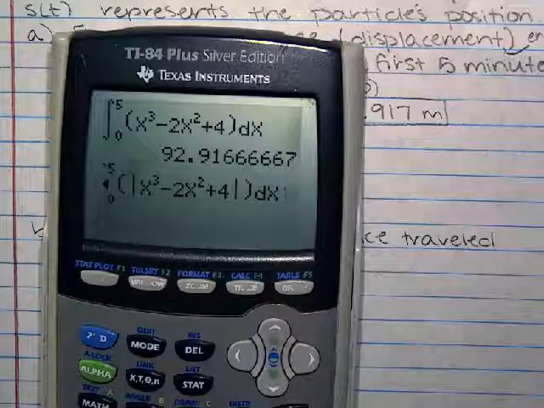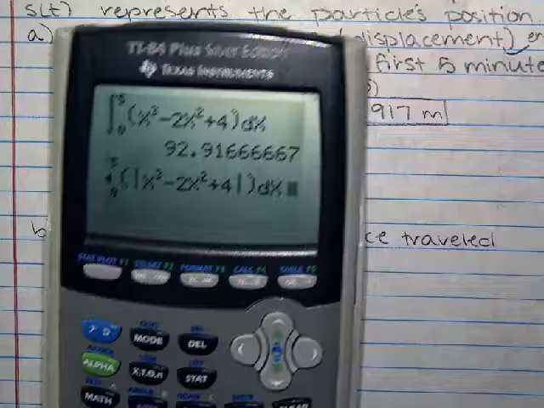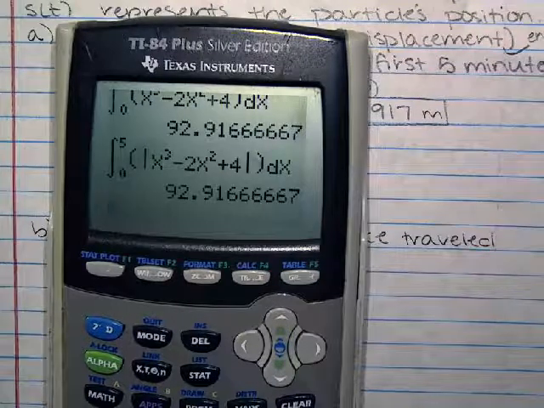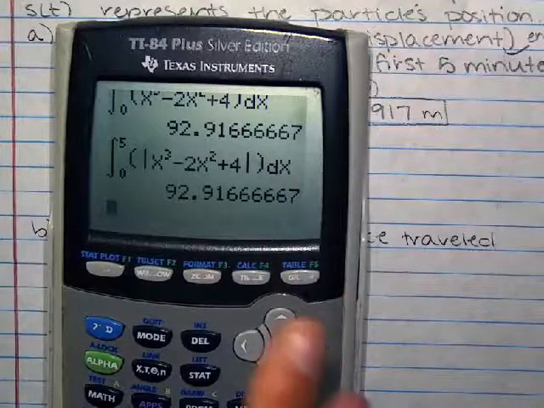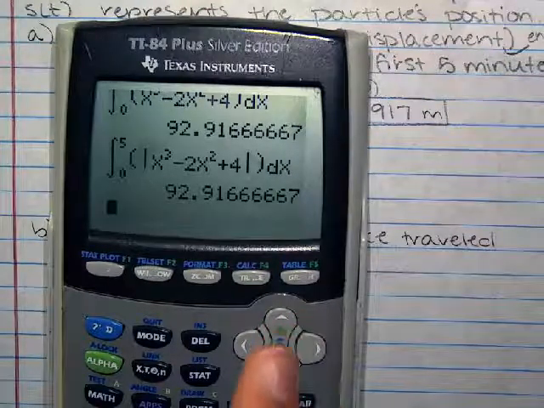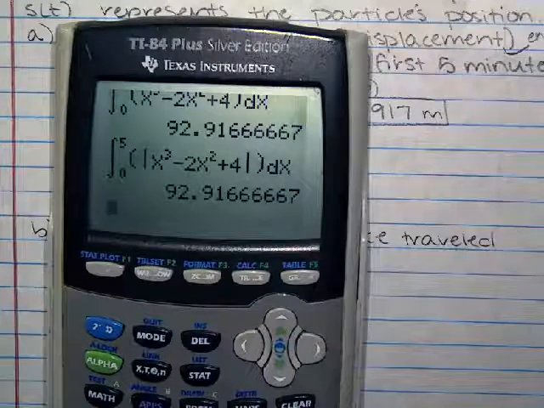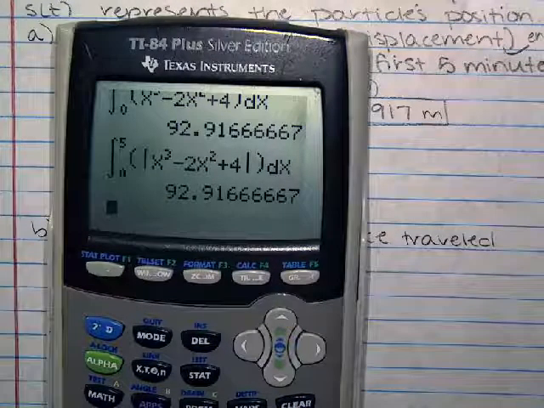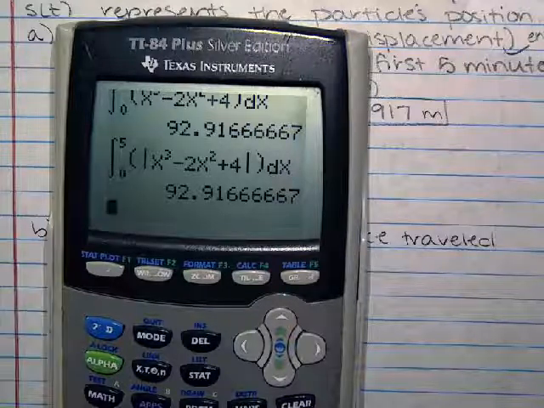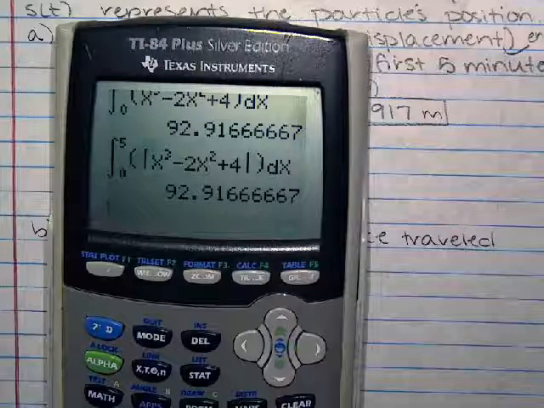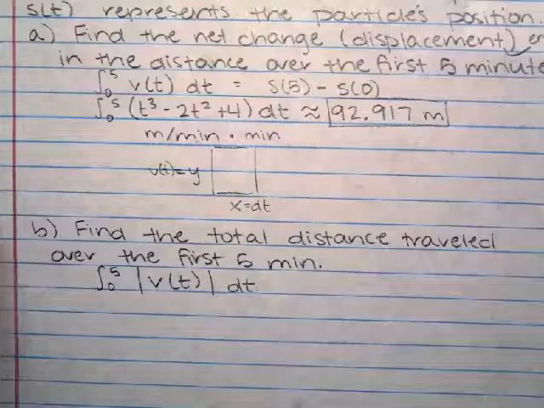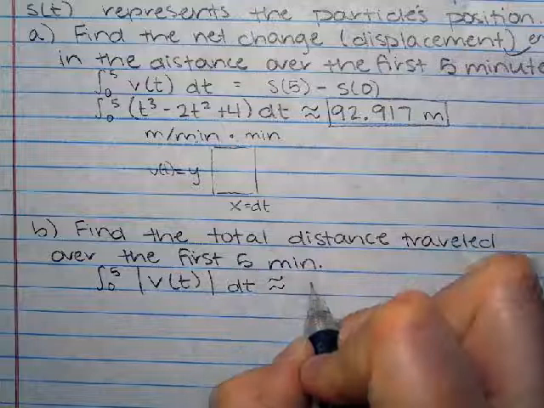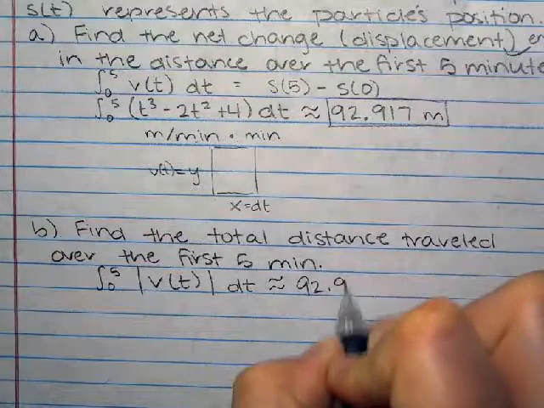All right, and then what do you guys get? Same thing. Okay, so if you get the same thing, what does that mean? It was always positive. They never switched directions. It was always positive or it was always negative. They always went the same direction. I guess it was always positive because the answer was positive. The answer wasn't negative. So this is approximately 92.917 meters.